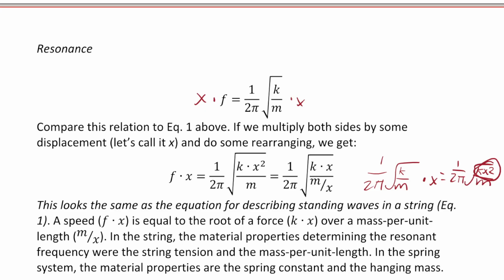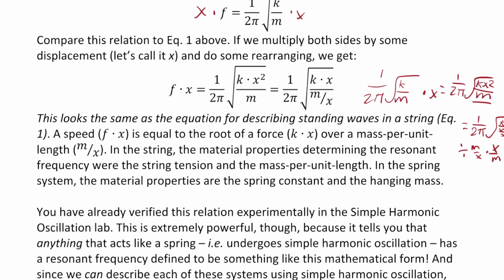Then they break this x squared into x times x, and put one of those x's under the m. So this ends up equaling 1 over 2 pi root kx over m over x. The reason this works is because when you divide by m over x, you multiply times x over m, and so this x ends up moving to the top. That's fine, so that's all they're doing there.